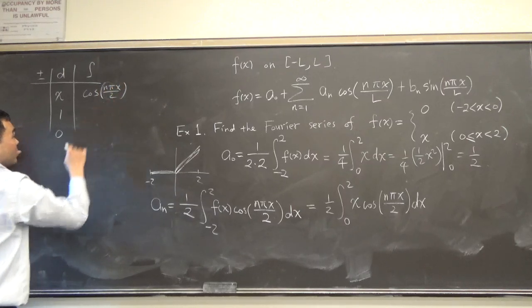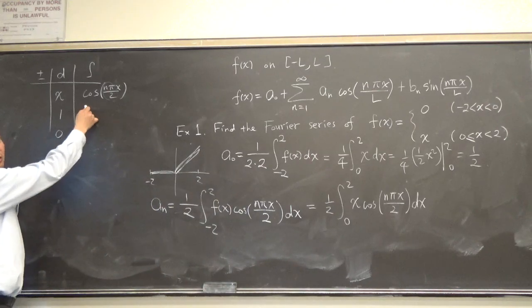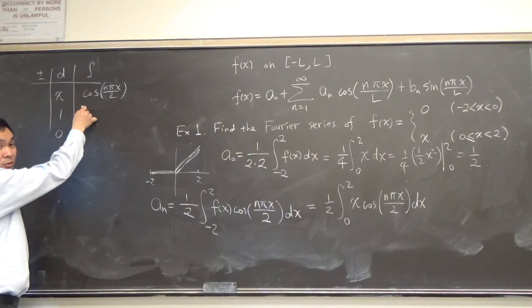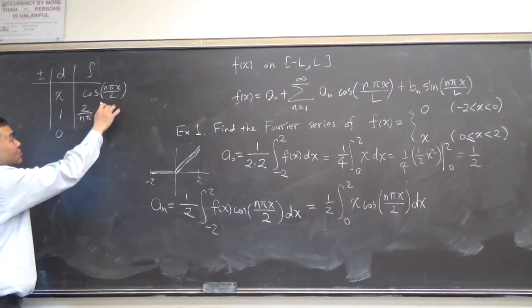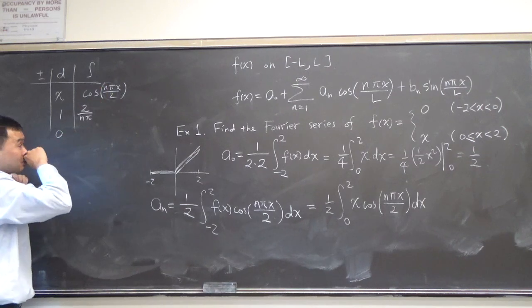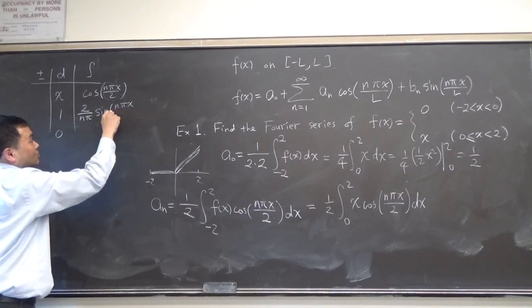Well, this is n pi over 2 multiplied to x. So if you integrate, what's the coefficient? 2 over n pi. It's the reciprocal, right? The reciprocal of this number, 2 over n pi, sine n pi x over 2.